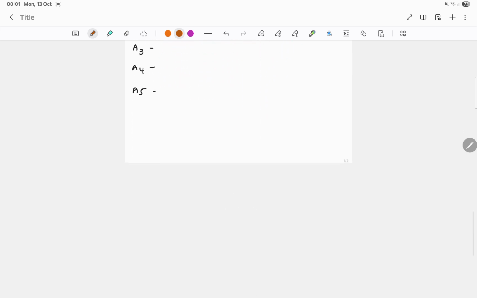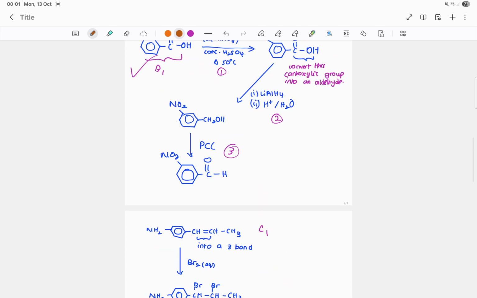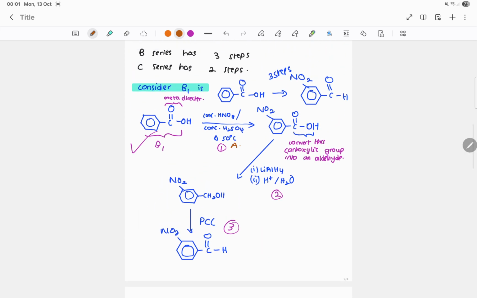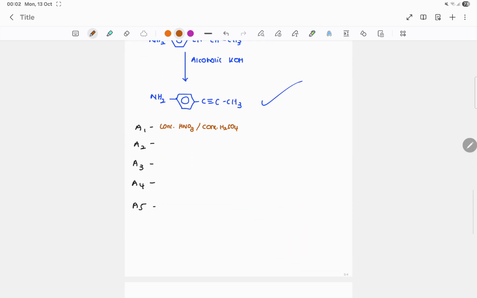Then A2 will be this is A1, this is A2, and this is A3. You can write like this. H plus H2O.